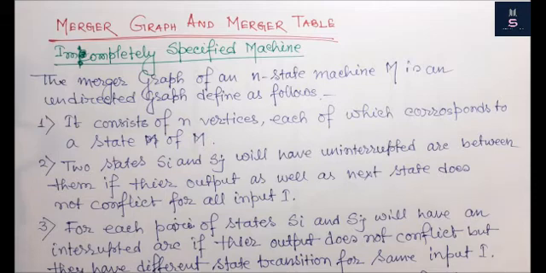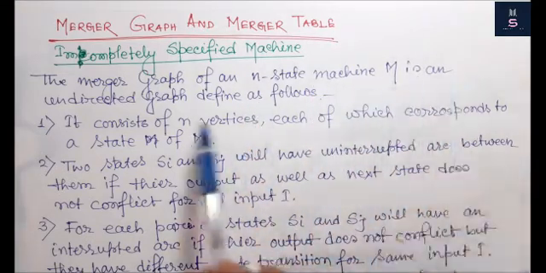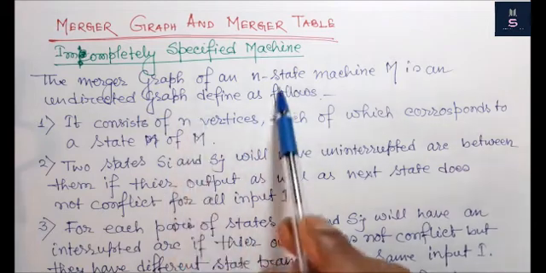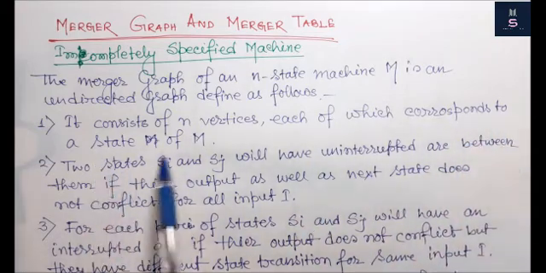So the first step is to consider the merger graph, then draw the compatibility graph, from which we get the ultimate implied pairs, and we will ultimately reduce our machine. So what does the merger graph mean here? A merger graph of an n-state machine is an undirected graph defined with the following properties. First, it consists of n vertices, each corresponding to a state of the machine.